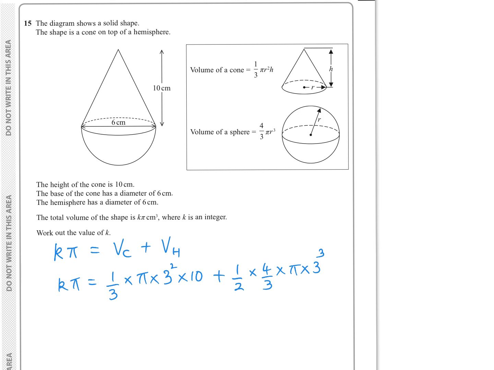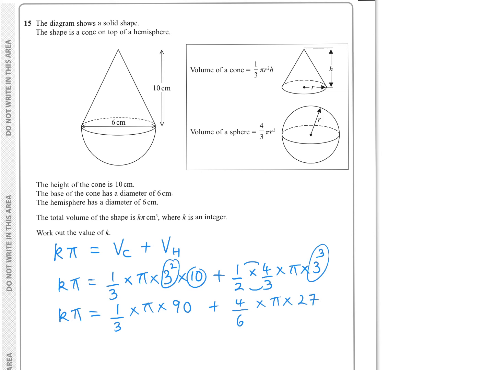And then we just have to work these values out carefully, do some cancellation. So I'm going to just do this really carefully here, one bit at a time. 3 squared is 9 times 10 is 90. That's 4 over 6 times pi times 3 cubed is 27.